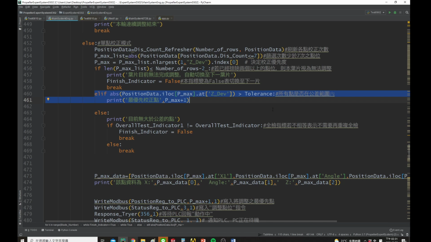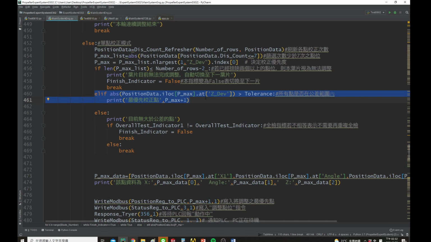Okay, so in this case we break the loop. If there's a point, if the highest point is over 0.2, then we should tune it, right?